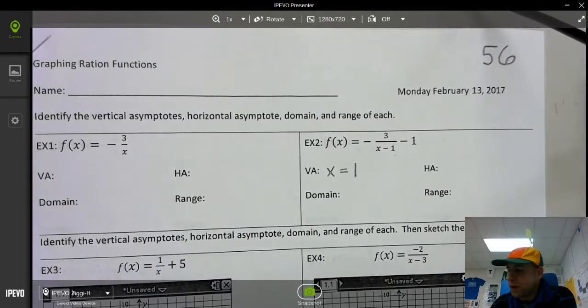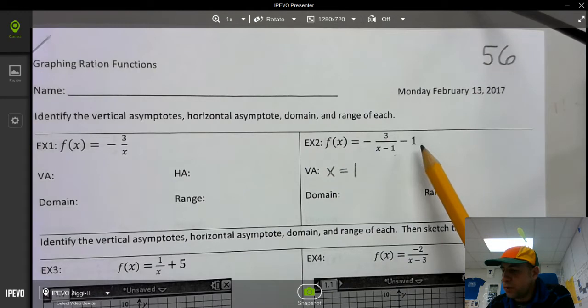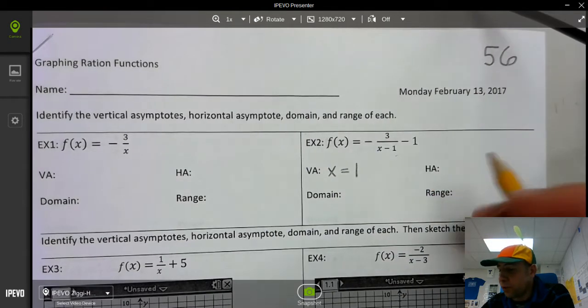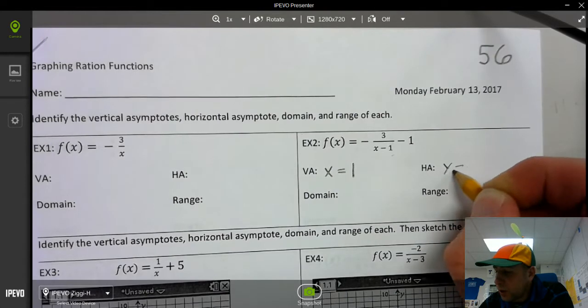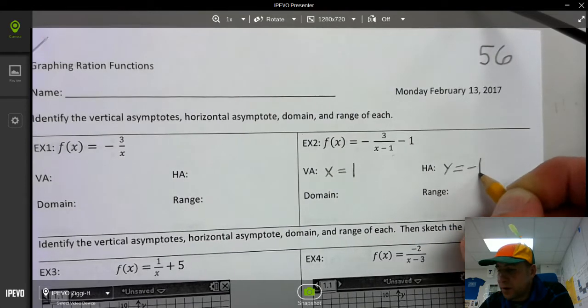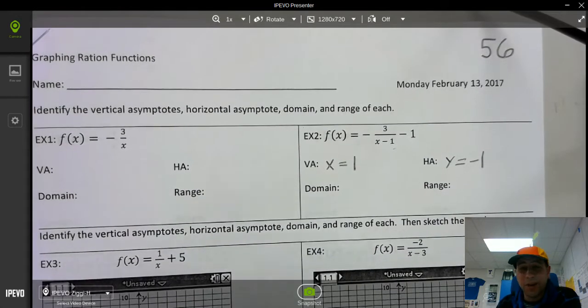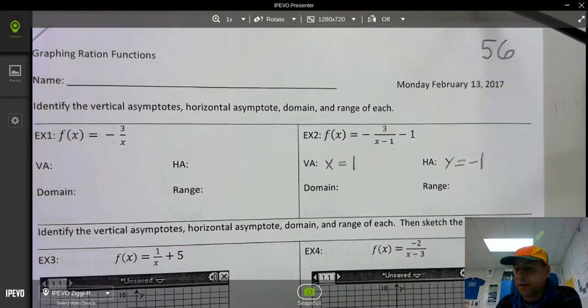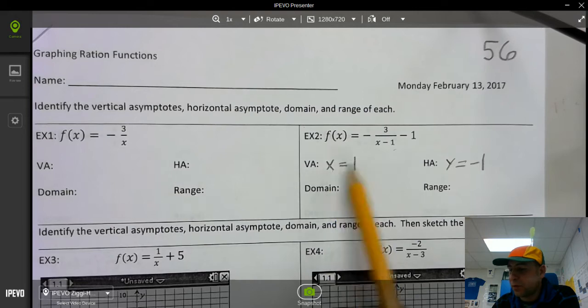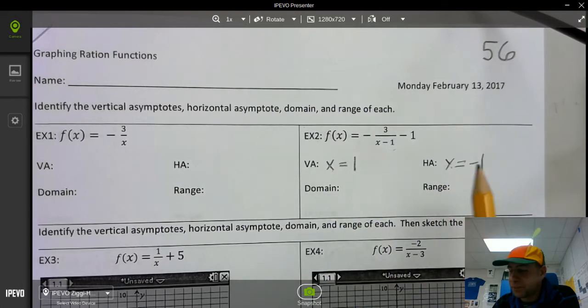And we know that our horizontal asymptote is going to move down 1, so our horizontal asymptote is y equals negative 1. Now you're probably saying, but Mr. Luke, what about the 3 and the negative? The 3 and the negative aren't going to affect the vertical asymptote or the horizontal asymptote, okay?